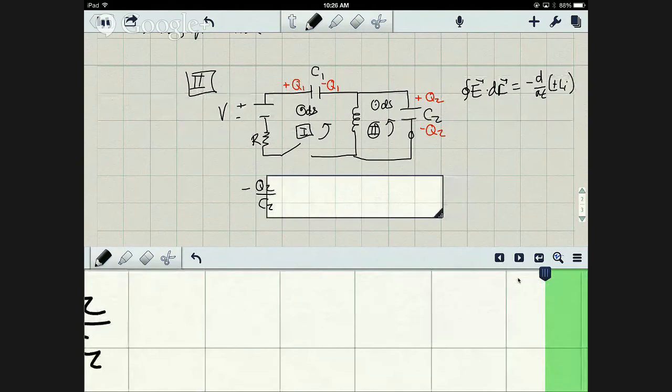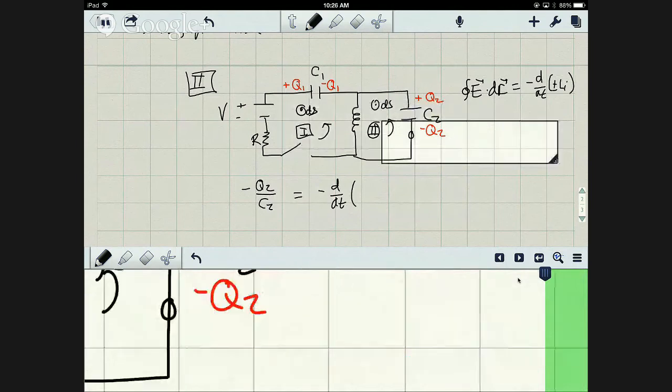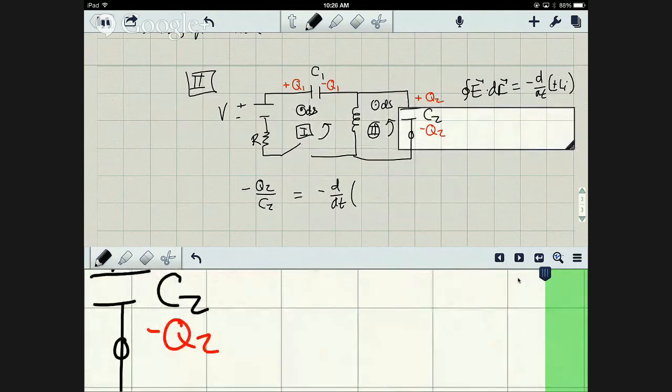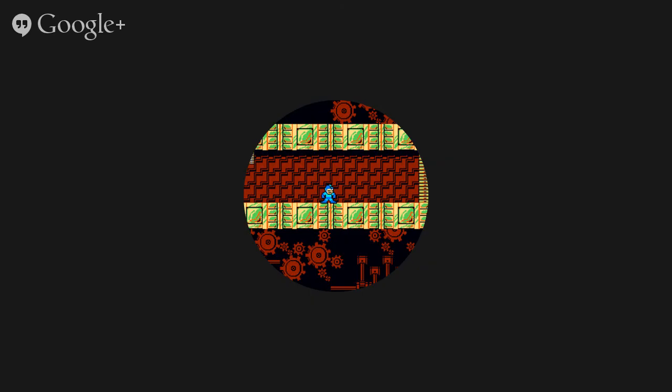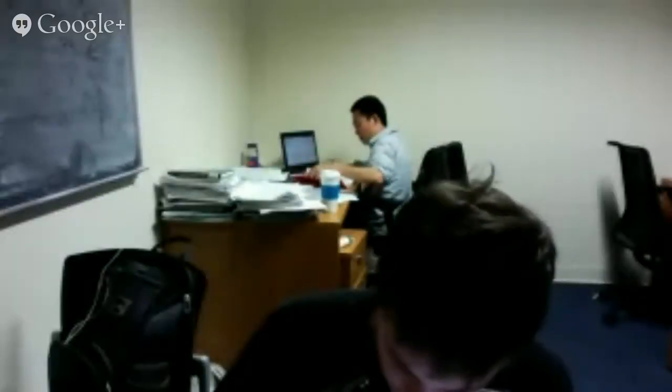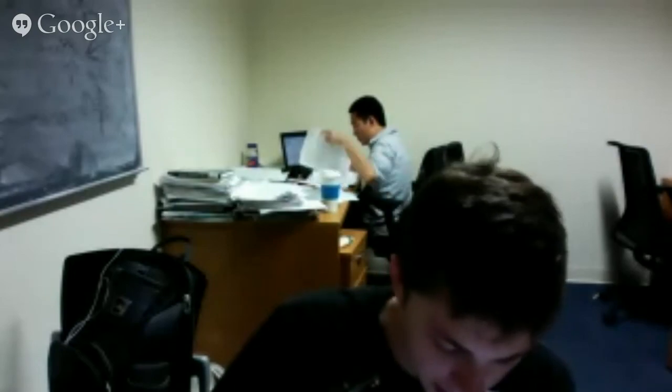Because I have positive dS pointing out, remember that L is given by the flux.